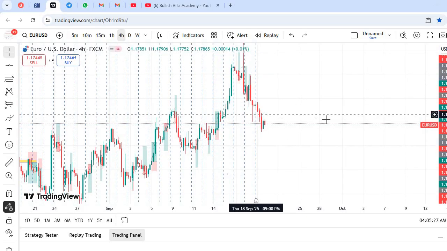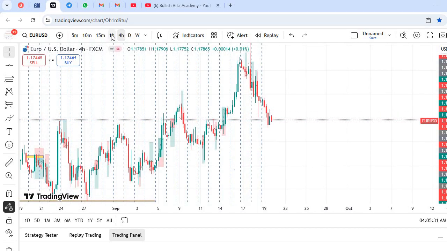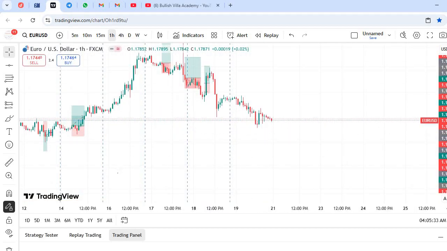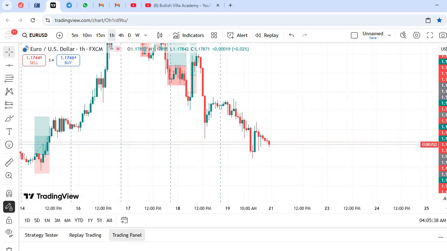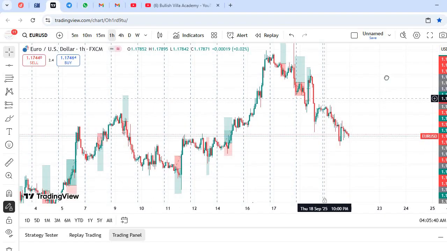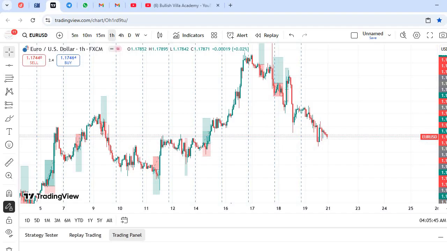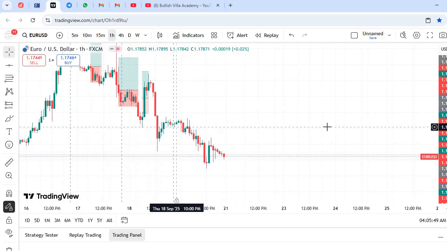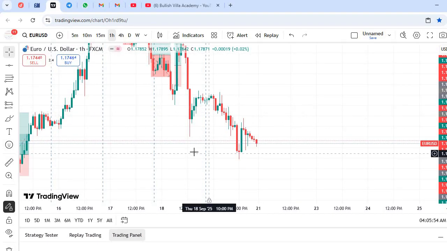The market is still bearish. So we are still having a bearish market. So now my bias for this new week is going to be this. Since this was where the market closed, this was the last low and this was the last high.